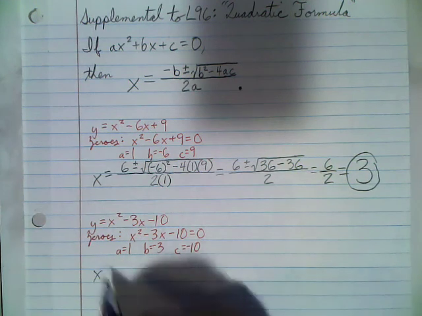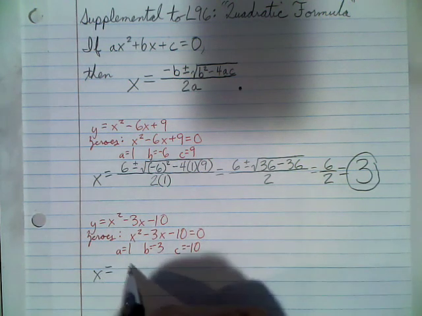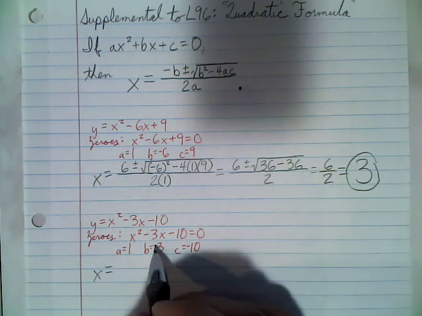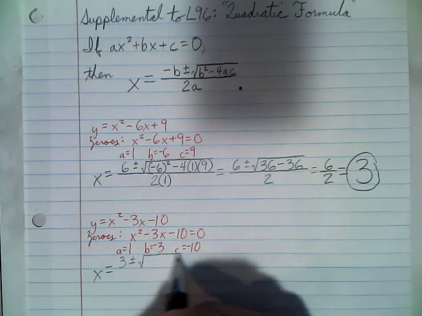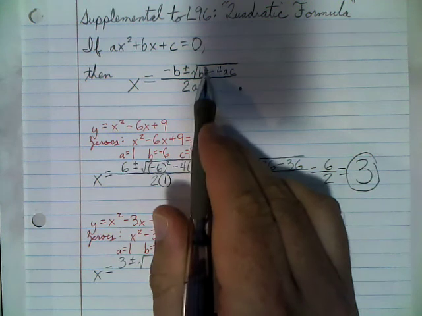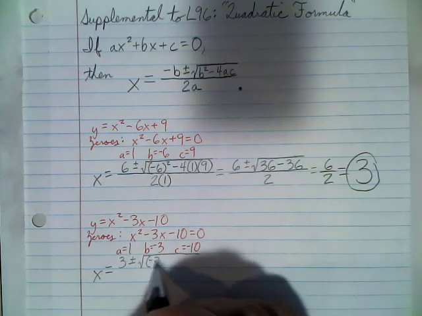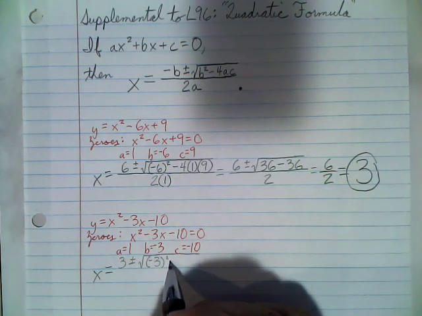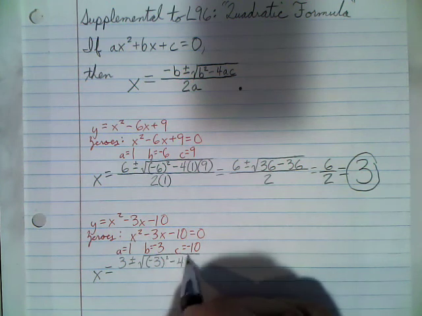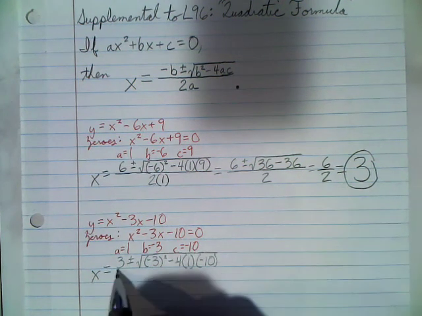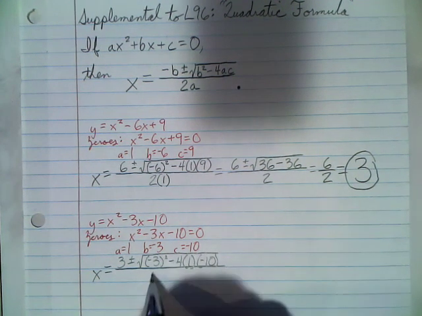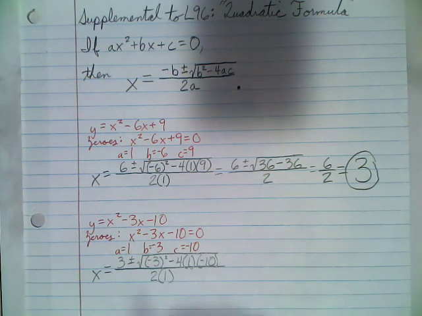So using the quadratic formula, x equals a negative b, so again a negative negative 3 would be a positive 3, plus or minus the square root of b squared. So that'd be negative 3 squared minus 4, a is 1, c is negative 10, all over 2a, 2 times 1.